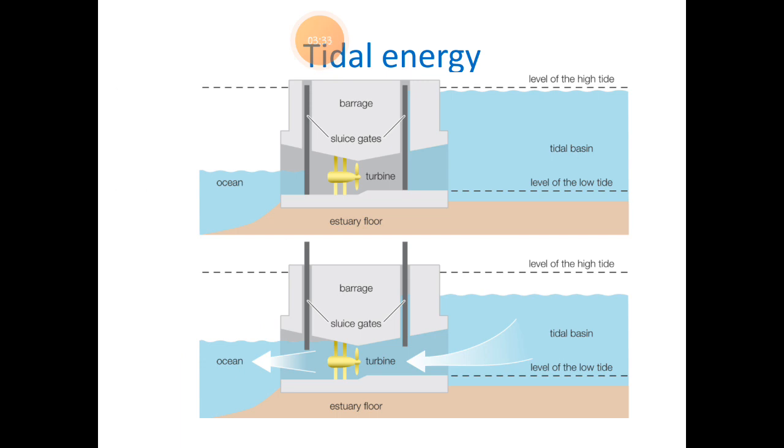During the high tidal period, water gets collected towards the tidal basin zone, the area where the tidal water is collected and stored. When the barrier is open with the gates and a turbine is placed in the way of the water, the rushing water of the tidal basin starts rotating the turbines and forms mechanical energy.